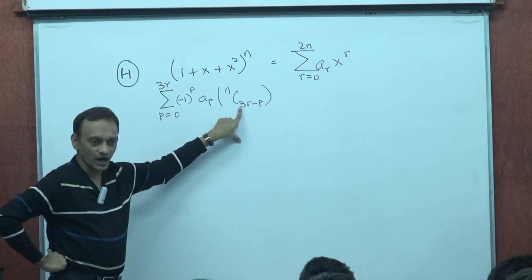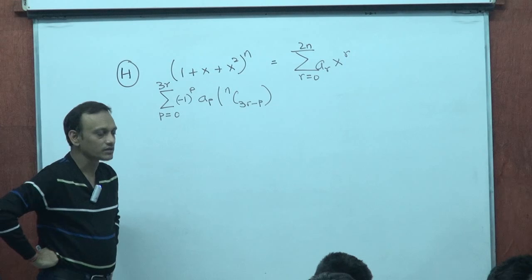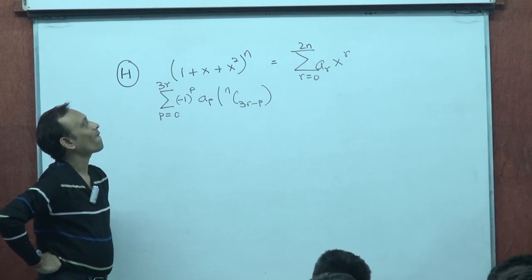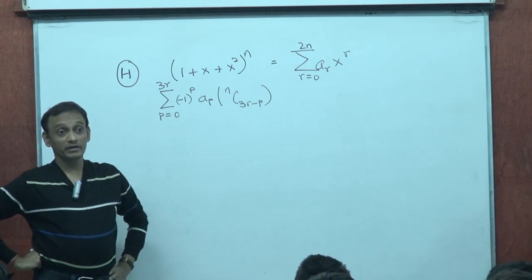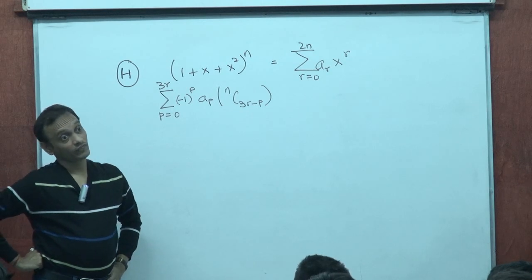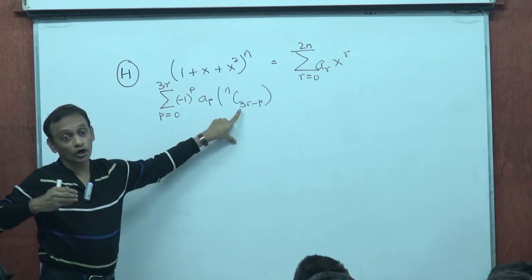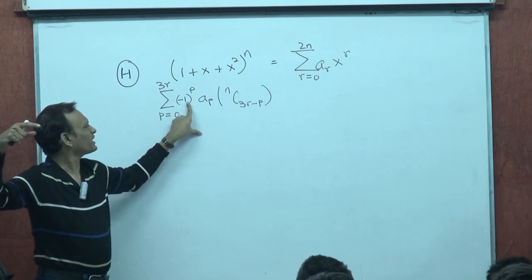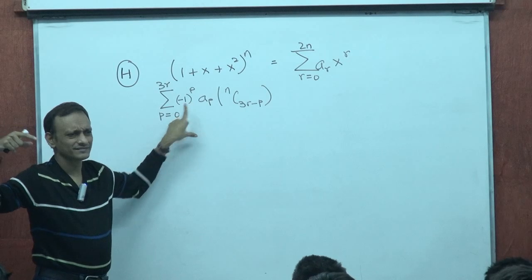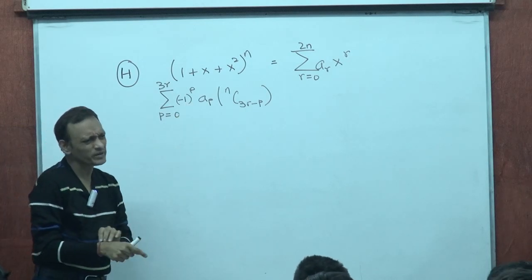Coefficient of x^(3r), kind of a thing. So I need to bring x^(3r), and at the same time I want to bring C0, C1, C2 again with alternating signs. That's what I want to be able to do.